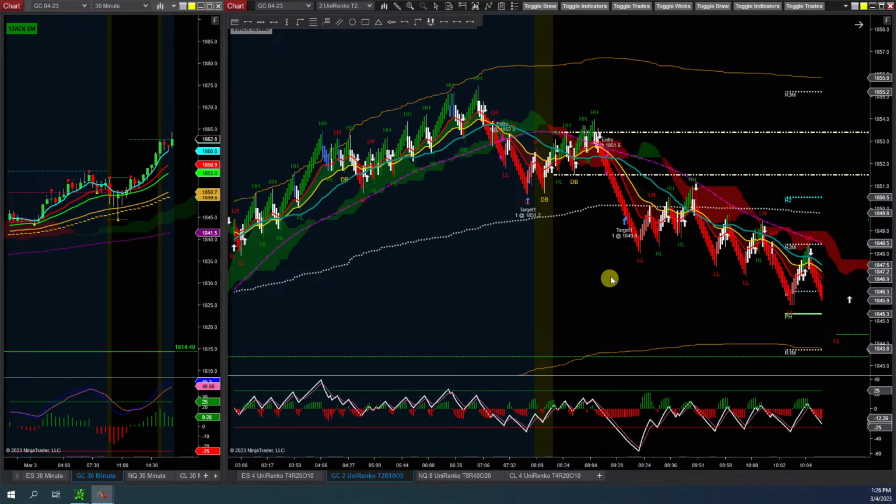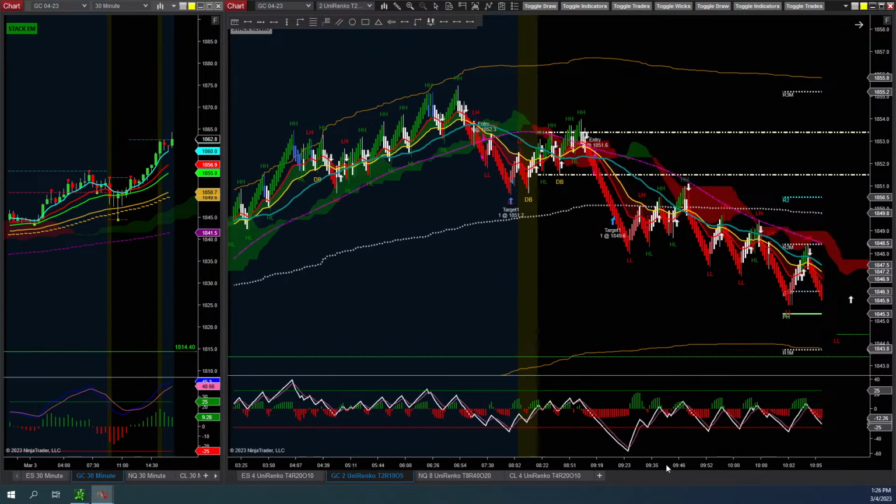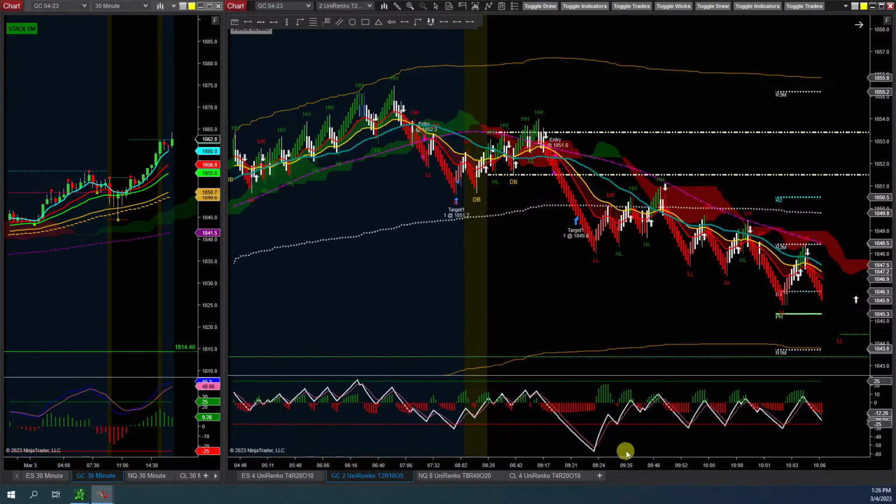Before or by the time it reached there, I saw a solid move to the downside, and I put an order right there. Now I put stop orders, and I never put market orders because I don't know if it's going to jump too much or not.